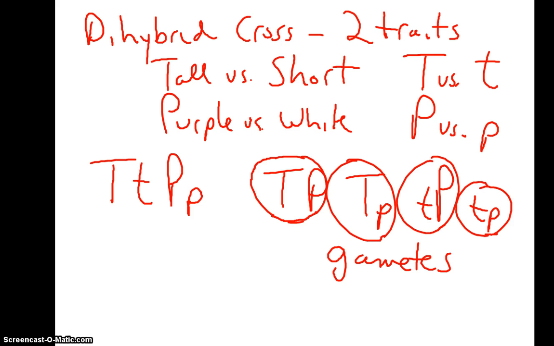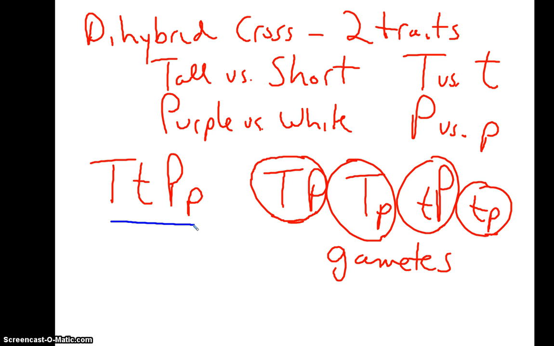The case we'll look at is, what if we take a gene for tall versus short or dwarf pea plants, big T versus little t, and at the same time look at purple versus white flowers for those pea plants, big P versus little p. If we take an individual that's completely heterozygous for both traits, big T, little t, big P, little p, and form gametes, then according to the law of segregation, each of those alleles must be separated.